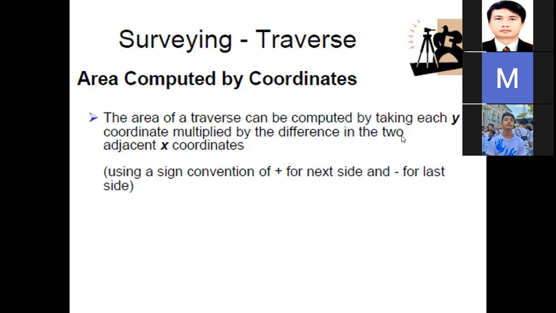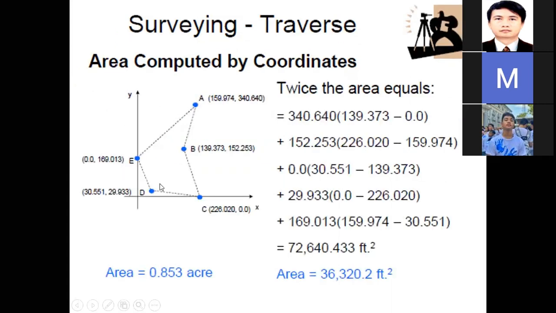So let's apply that formula to our example, starting with point A. Twice the area equals this. Starting with the y component of point A, which is 340.640, its adjacent points are B and E. We multiply this y by the difference of x next minus x previous, so times 139.373 minus 0.